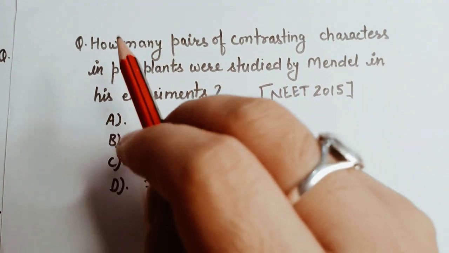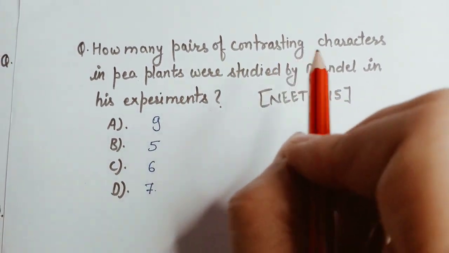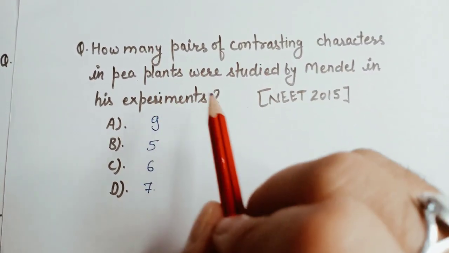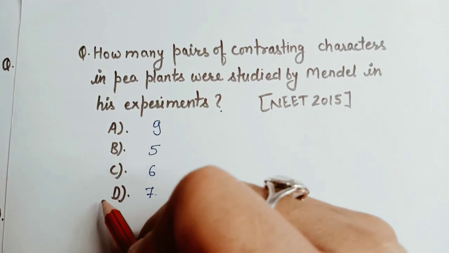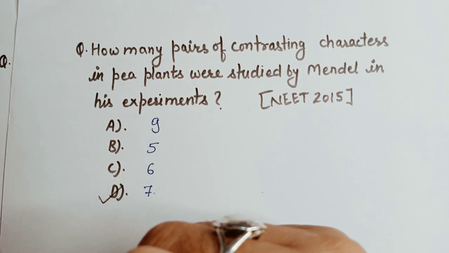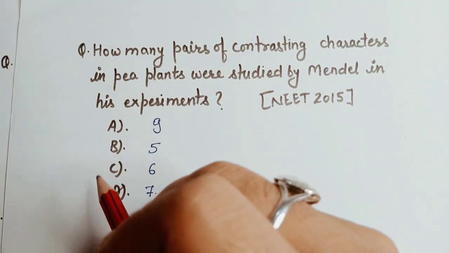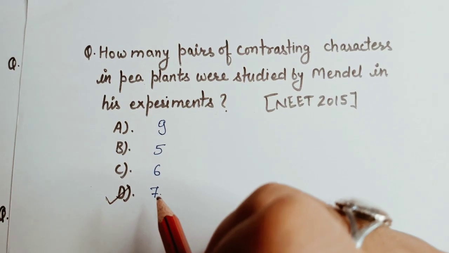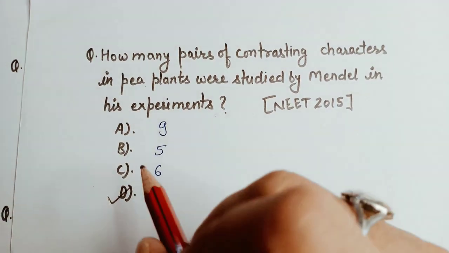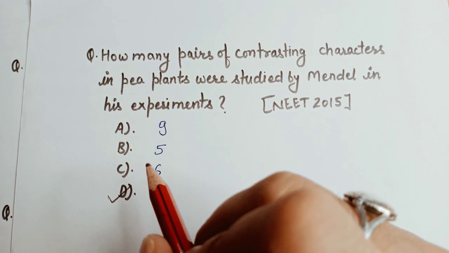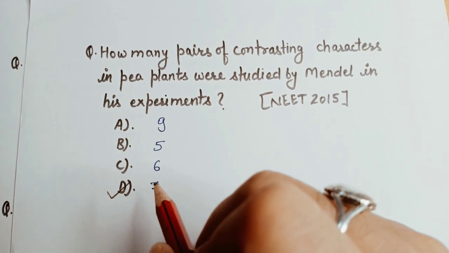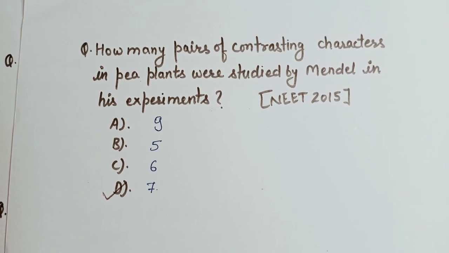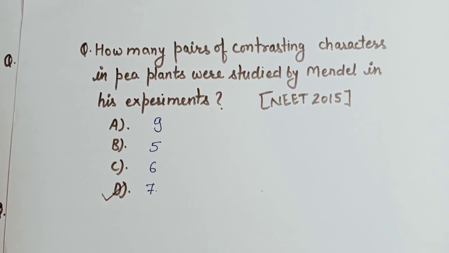Correct answer is D. 7 pairs of contrasting characters in pea plants were studied by Mendel in his experiment. From 1856 to 1863, Mendel conducted pea plant hybridization experiment. So correct answer is D, 7 pairs of contrasting character.